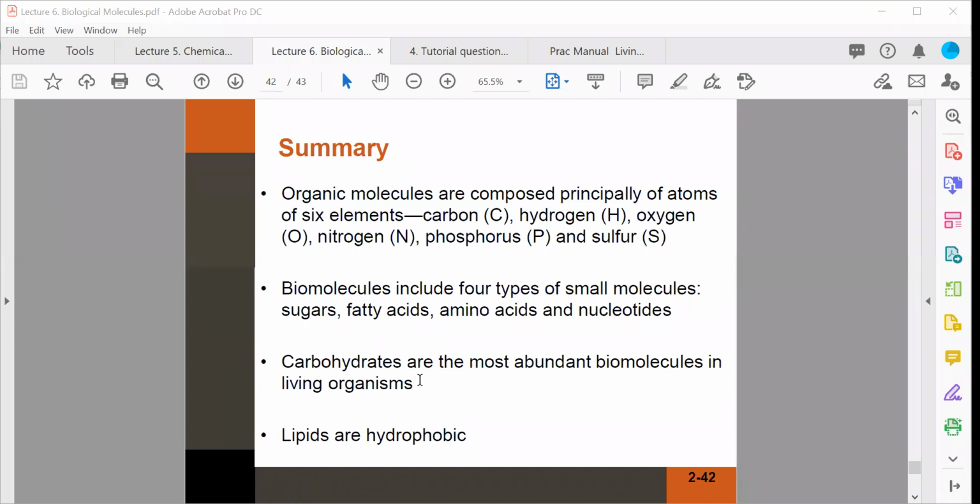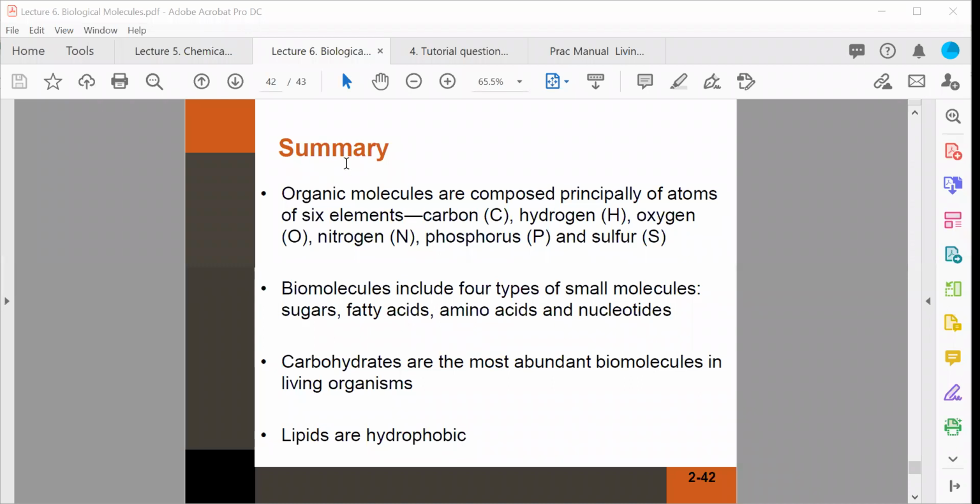Any idea? Carbs, yes, the most abundant biomolecules, but what about just considering any type of molecule? It doesn't have to be a biological molecule. Water, someone's got it? Water is by far the most abundant molecule in living organisms, correct?